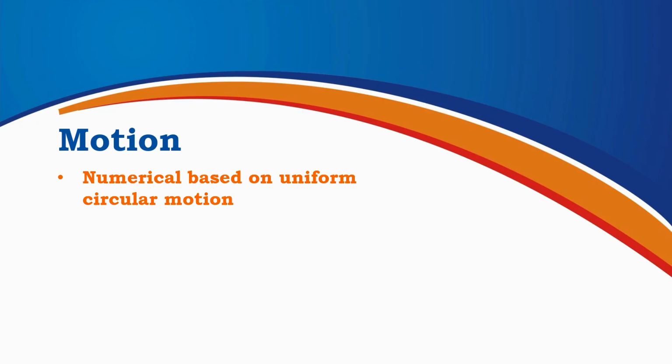Remember that when an object moves in a circular path, the distance covered in one complete revolution is equal to the circumference of the circle. The circumference of a circle is 2 multiplied by pi multiplied by the radius. Using this idea, we can calculate the speed, time taken, or distance covered in circular motion. Now let us look at some numerical examples to understand this concept clearly.